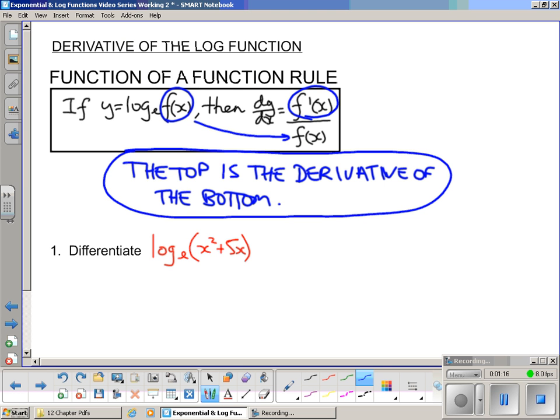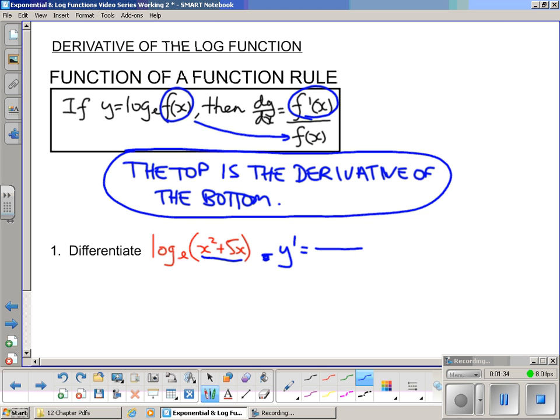So when we have this example here, log to the base e of x squared plus 5x, our answer will be an arrangement whereby, rather than equals, I'll say y dash equals, the top is the differentiation of the bottom.